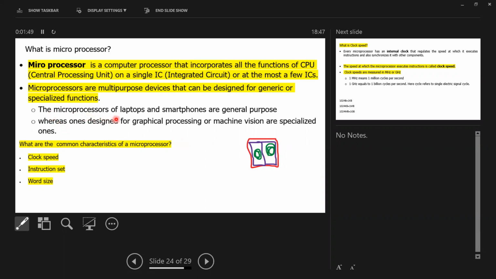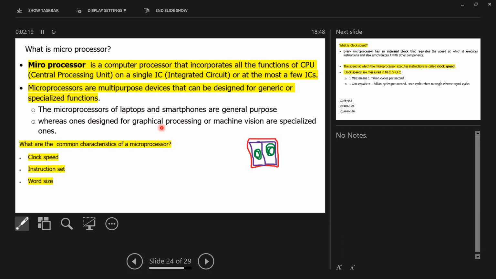The microprocessors of laptops and smartphones are general purpose. Normally, when we consider the microprocessor, it is general purpose. Whereas ones designed for graphical processing or machine vision are specialized ones.